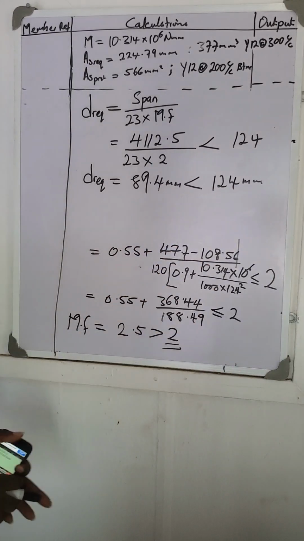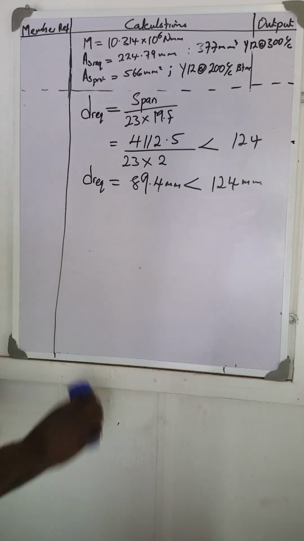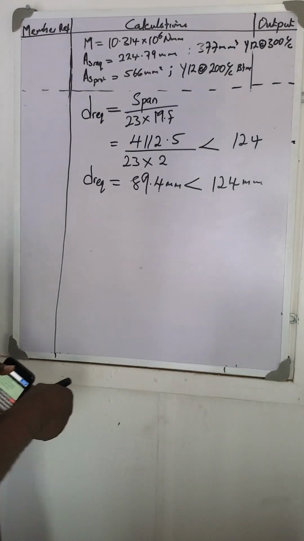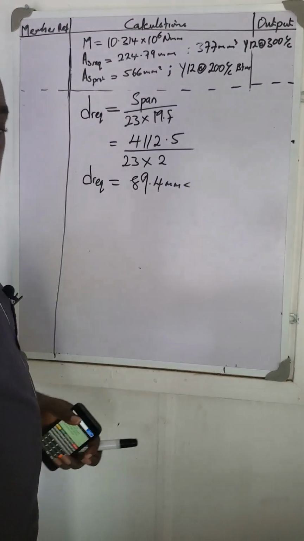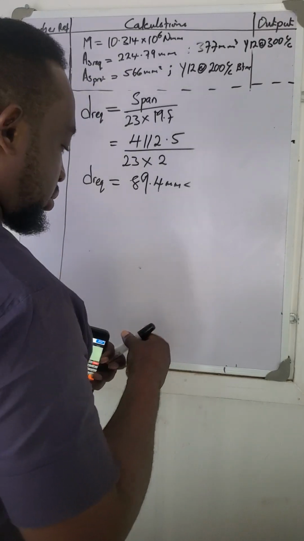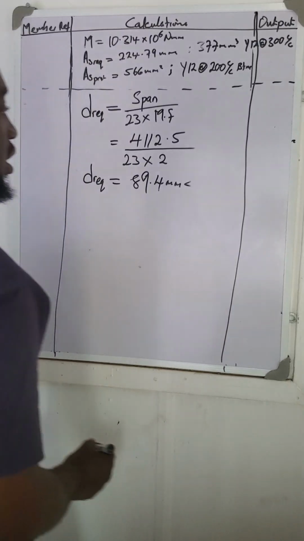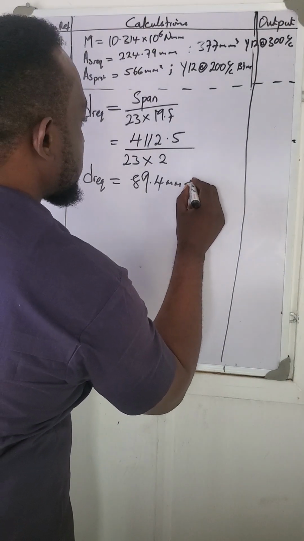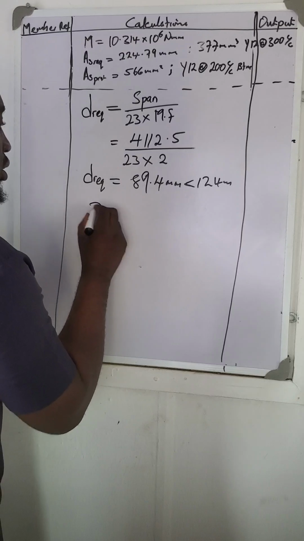All right. Now, in summary, I told you that we're going to prepare your calculation sheets. Prepare your calculation sheet like this. Here, which is less than 124, here we see deflection.